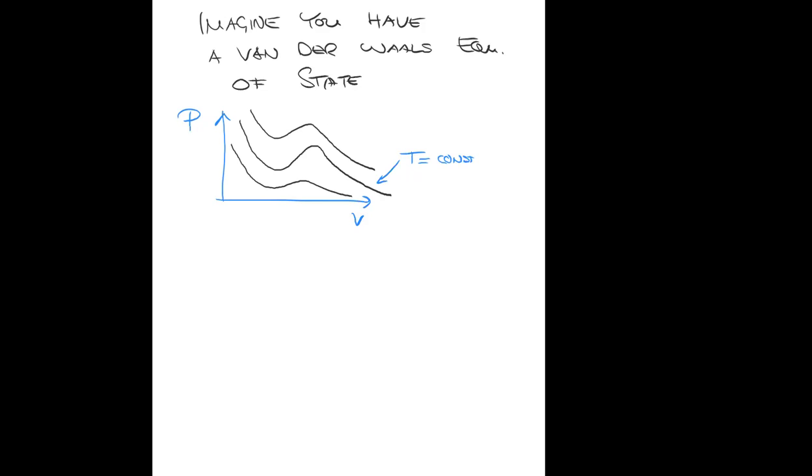So if you have a series of curves like this, then you don't actually know where exactly the phase transition occurs. The only thing you truly know now is that there's a truly mechanically unstable region. We know that these regimes are certainly unphysical because they have the wrong behavior. So this is mechanically unstable.